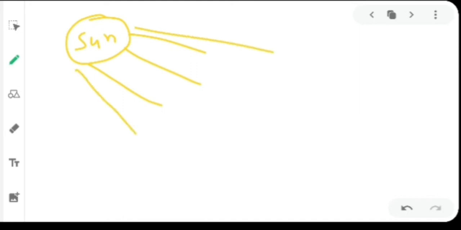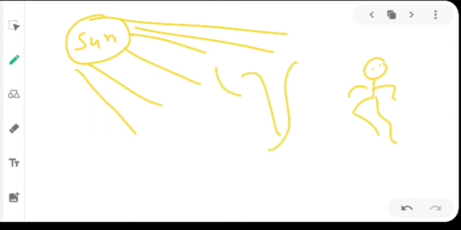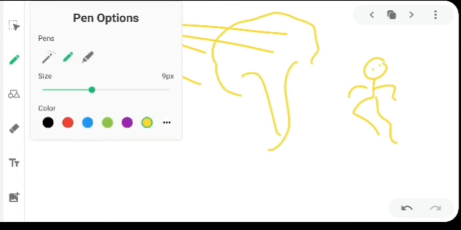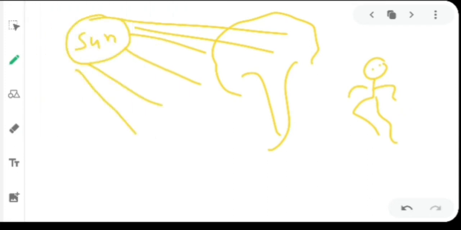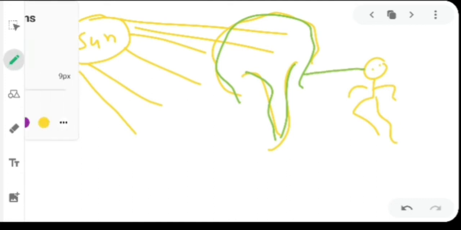These radiations fall here, where you are standing, and here is a tree. When the rays fall on it, the objects become visible to your open eyes. The phenomenon by which we can see things, we call light.